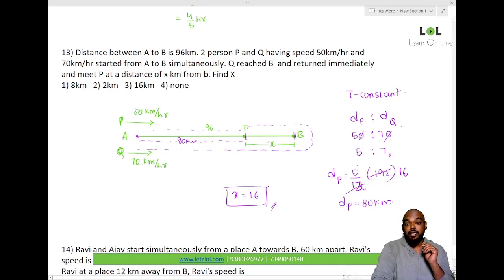So that 192 kilometers they covered in the ratio 5 is to 7. So distance covered by P is 5 by 12 parts of total 192, that is 80 kilometers. So P covered only this much, 80 out of one side 96. So 96 minus 80 will be how much? Sorry, this is 16 kilometers. That must be our answer, and that's what he's asking in the question.